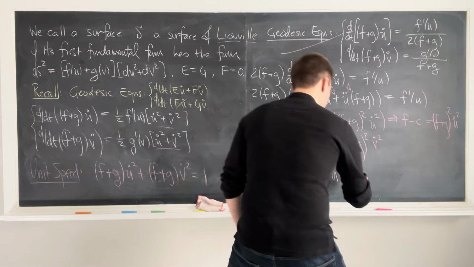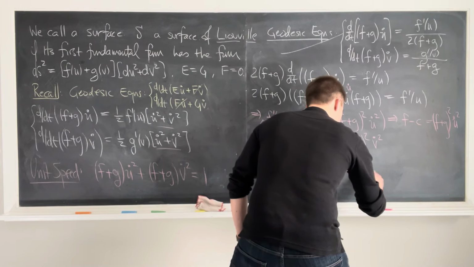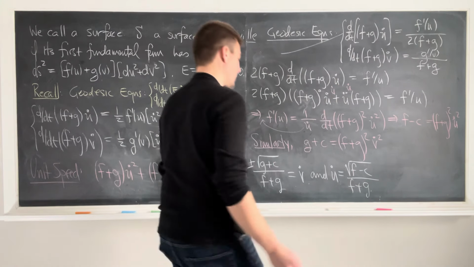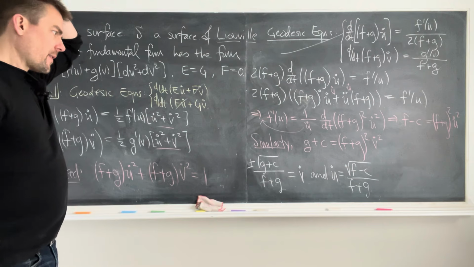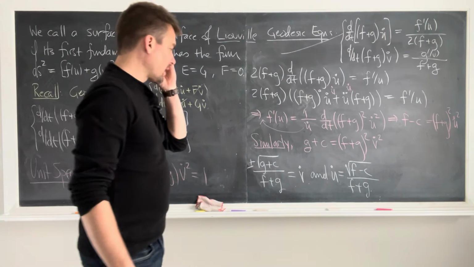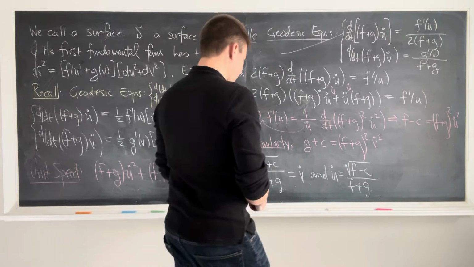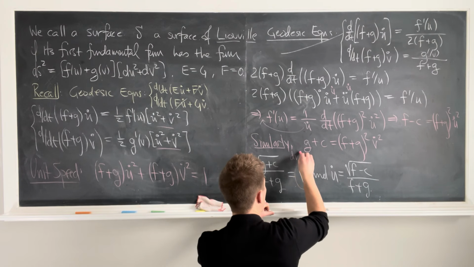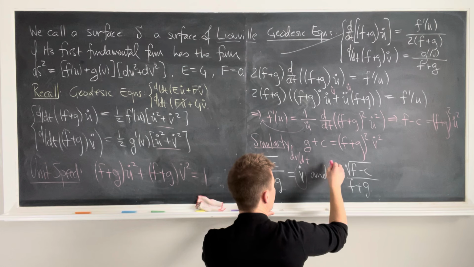It's going to be the square root of f minus c over f plus g, like that, with a plus or minus. And now that's du dt, so I can say that this v dot is really dv dt, and this u dot is really du dt.